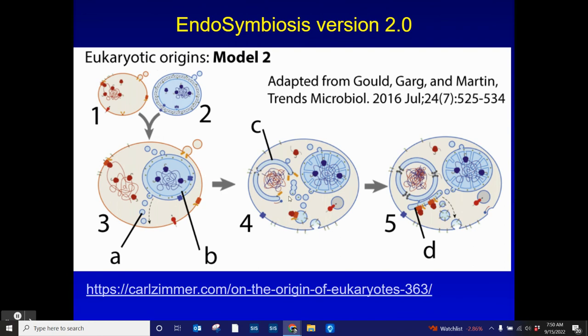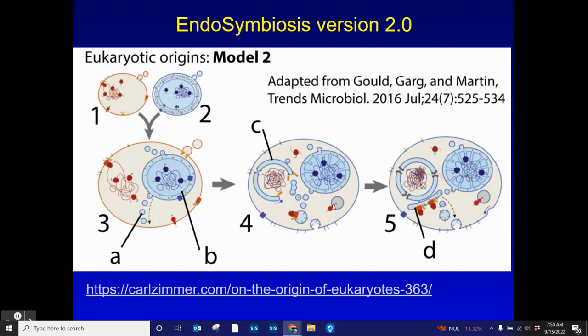And eventually, what we see is the incorporation of these. Maybe this was a heterotrophic bacterium that produced ATP, or maybe it was a photosynthetic bacterium that was able to take sunlight and make sugars. In both cases, the process was the same: endocytosis, and eventually the creation of a modern eukaryotic cell.